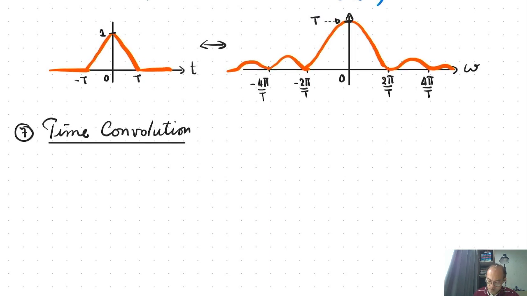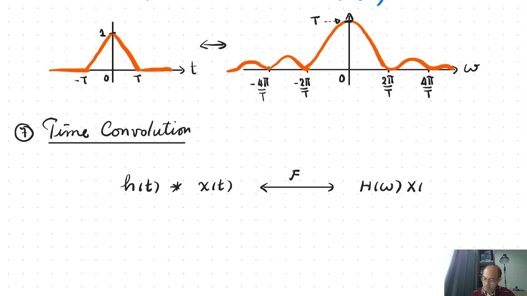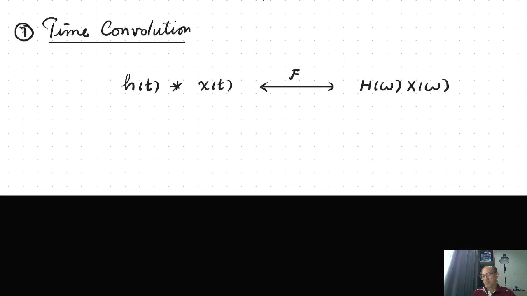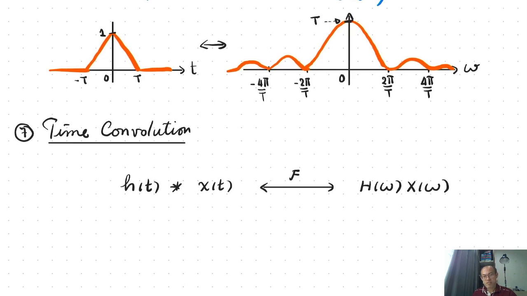If you do time convolution between two functions, h(t) and x(t), the resultant from the time convolution, taking the Fourier transform, would be equal to the Fourier transform of h multiplied by the Fourier transform of x. So the Fourier transform of convolution is the product of the Fourier transforms.